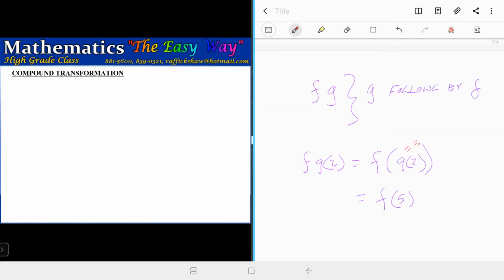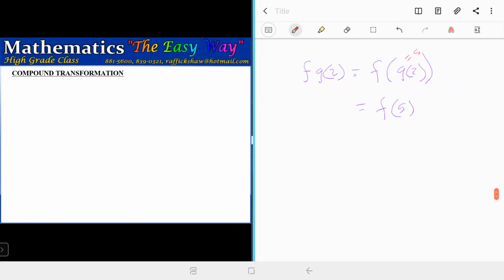So the compound transformation is a similar thing. You're going to see two compound transformations like MR, where M might be a reflection and R is a rotation.